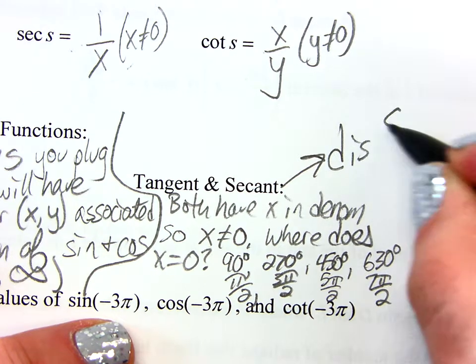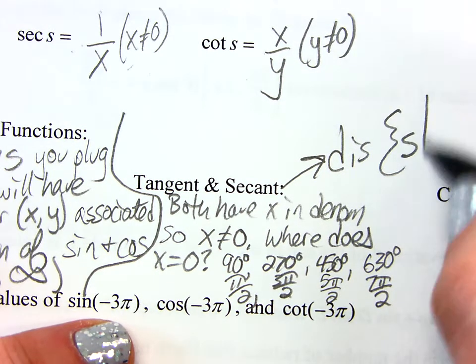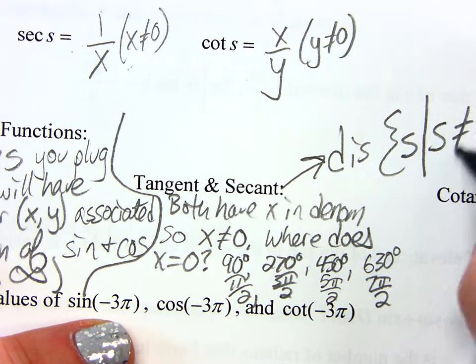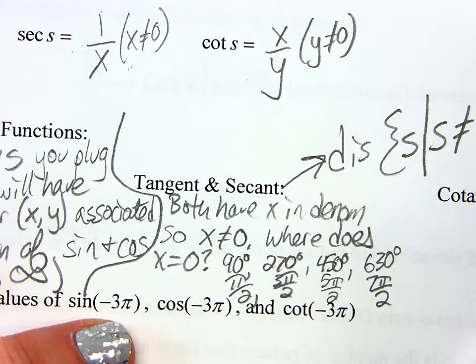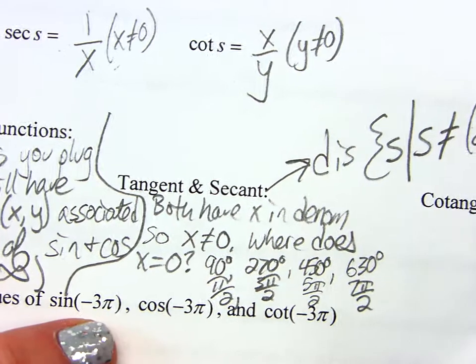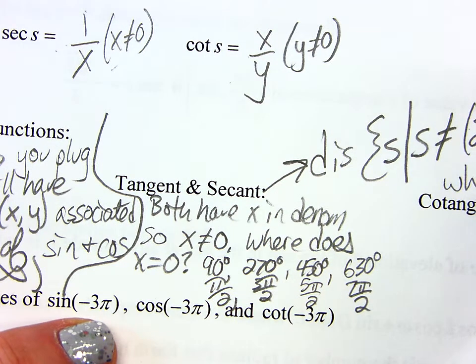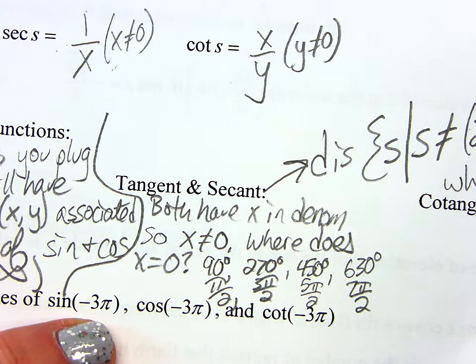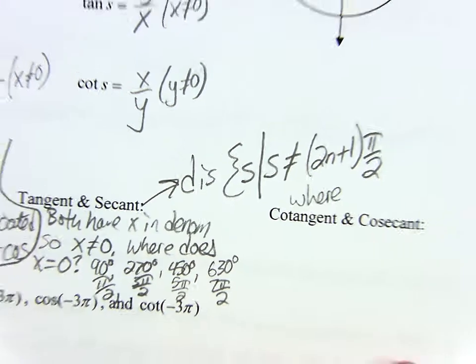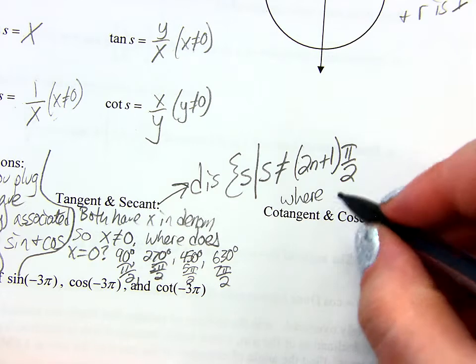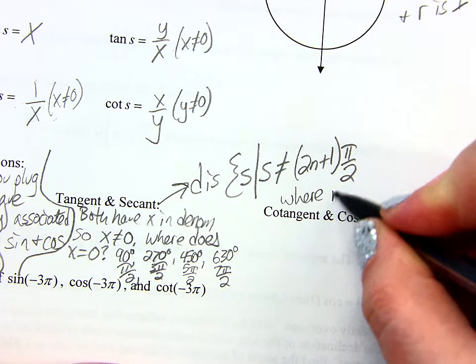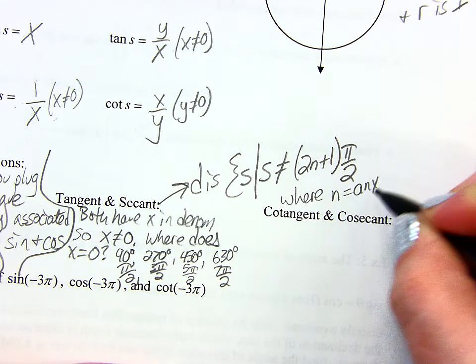The domain is S such that S cannot equal 2n plus 1 times pi over 2, where n equals any integer.